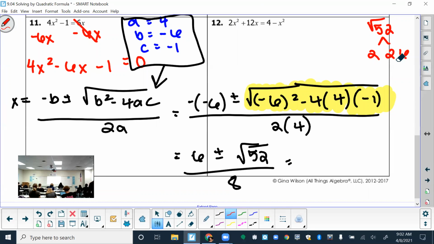Good. 2 is prime, 26 is not. So two numbers that multiply to 26. Good. Now are 2 and 13 both prime? It is. So now we're just going to start looking for those pairs.